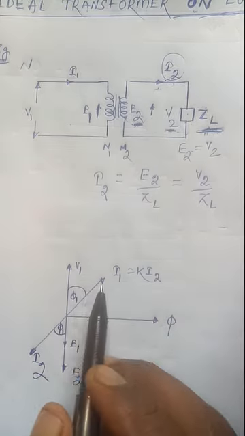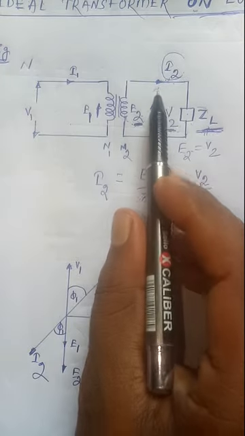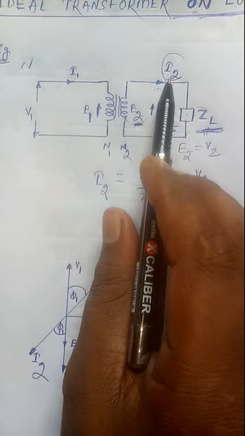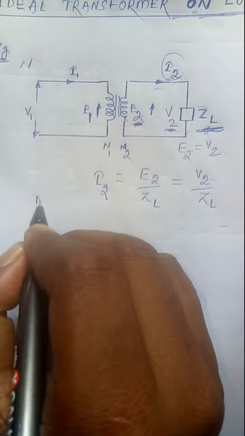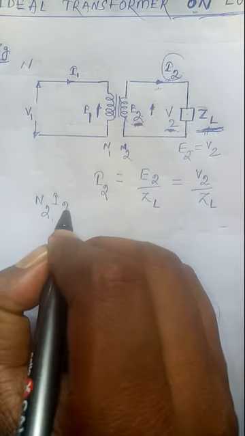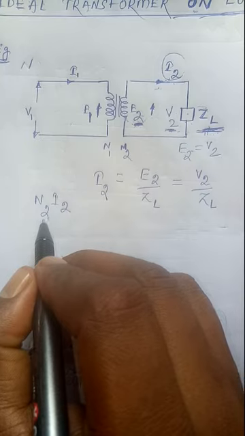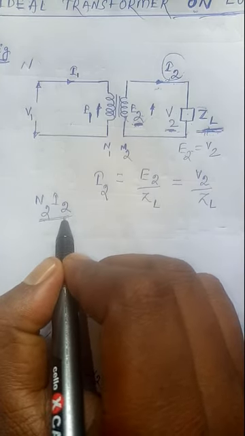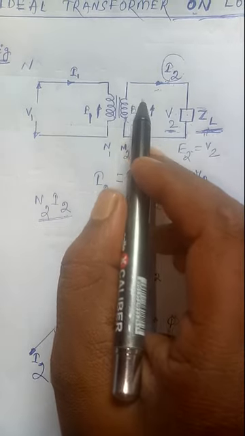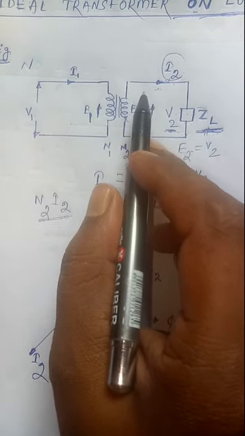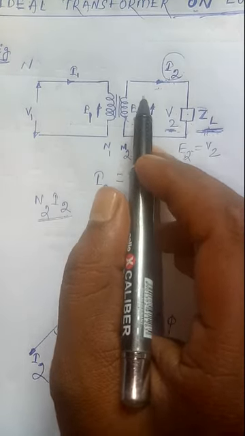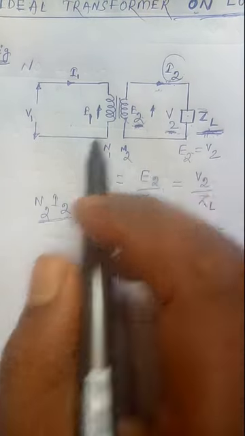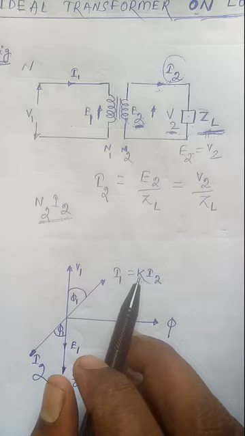Now the secondary current I2 will set off an MMF of N2 into I2. This MMF, magnetomotive force, in ampere turns, is the secondary turns N2 times the secondary current I2, which produces a flux of phi that opposes the direction of the original flux.